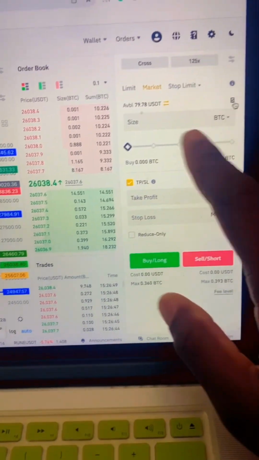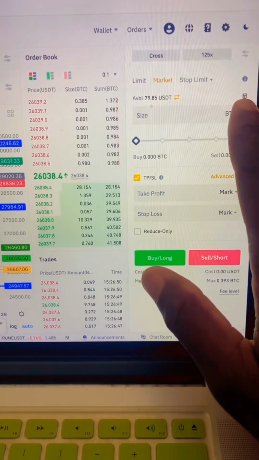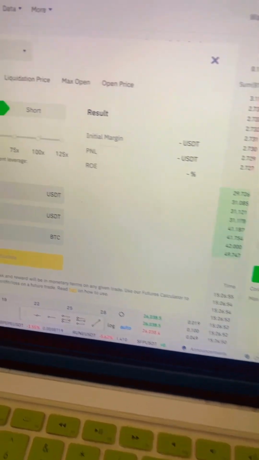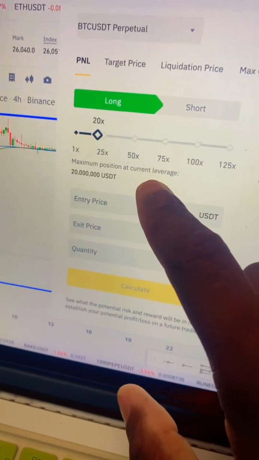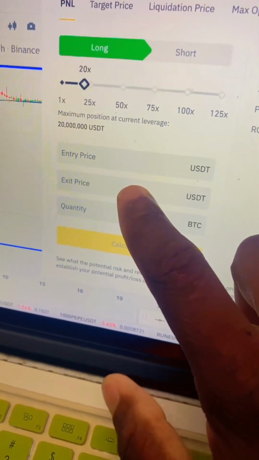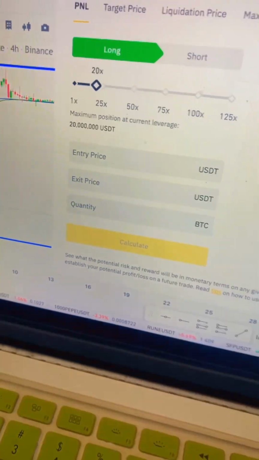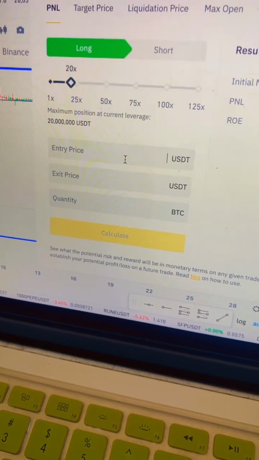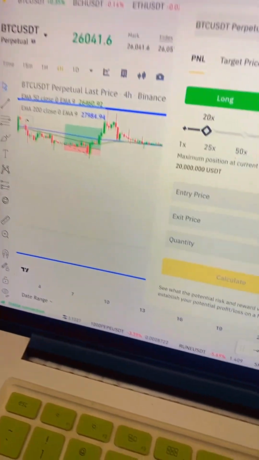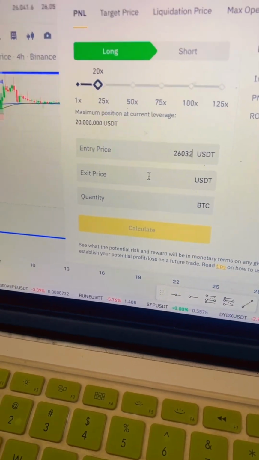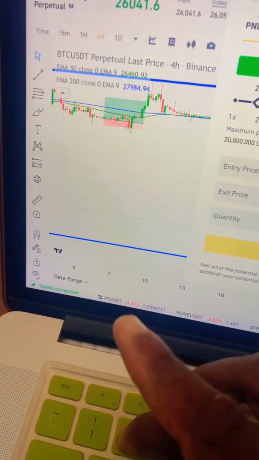We can also use the risk calculator right here to know how much we are currently going to make. If I click on it, you can see the most important thing here: we are going to add our entry, then our exit, then the quantity. I'll just do that right now very fast. We know our entry to be 26,032, then our exit to be 27,000.